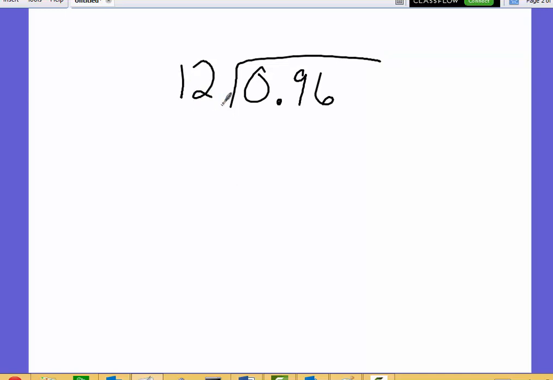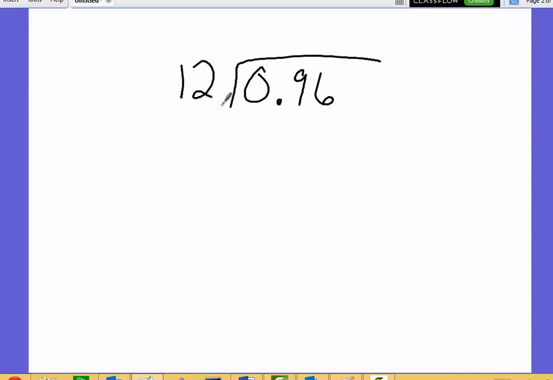Let's try another one. Alright, so I have a decimal divided by a whole number. So I'm going to do 0.96 or 96 hundredths divided by, let's do 12 again. There's my whole number.